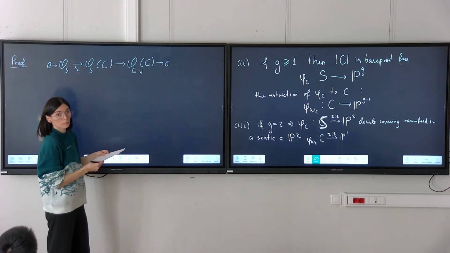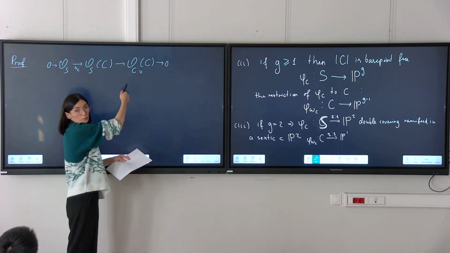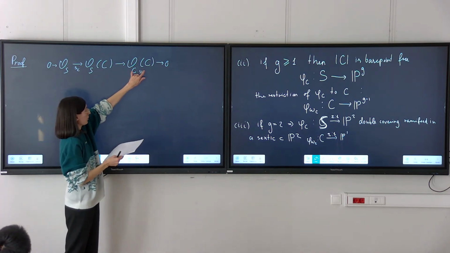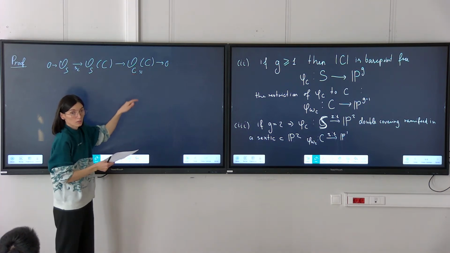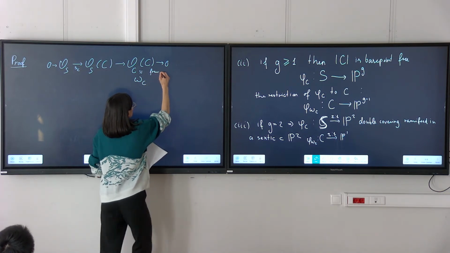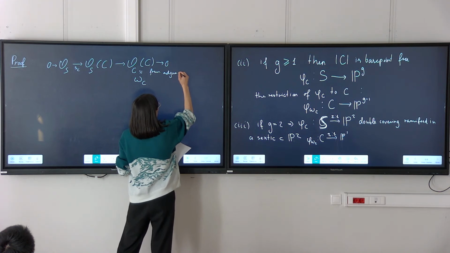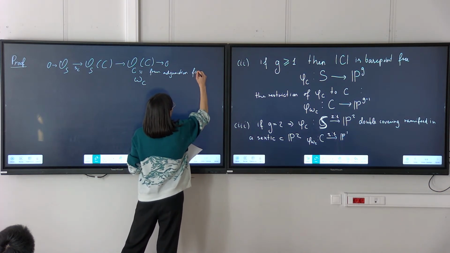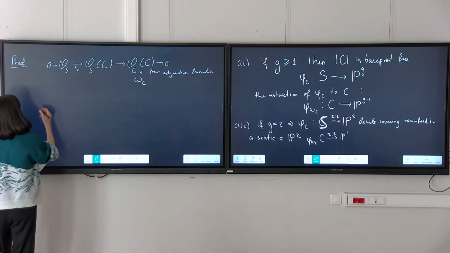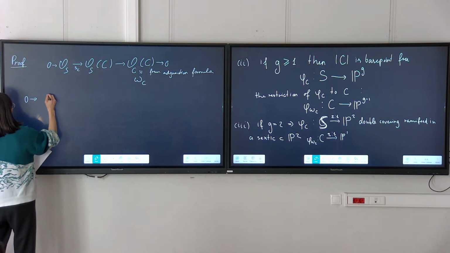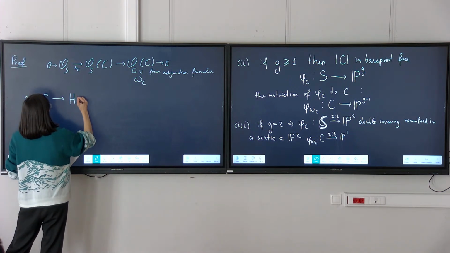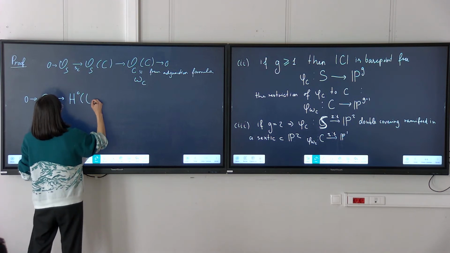The dimension is just 2G minus 2. No, I'm not asking about global sections, I'm asking about this line bundle on C. What is this? The canonical bundle. Yes, this is from the adjunction formula. We obtain that this is a canonical bundle. Okay, and now what we have for the long exact sequence of global sections, this is OC.